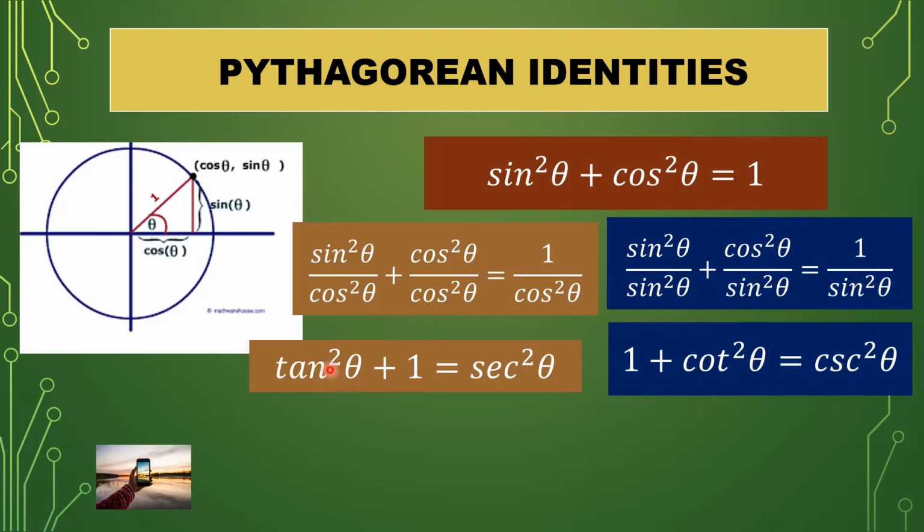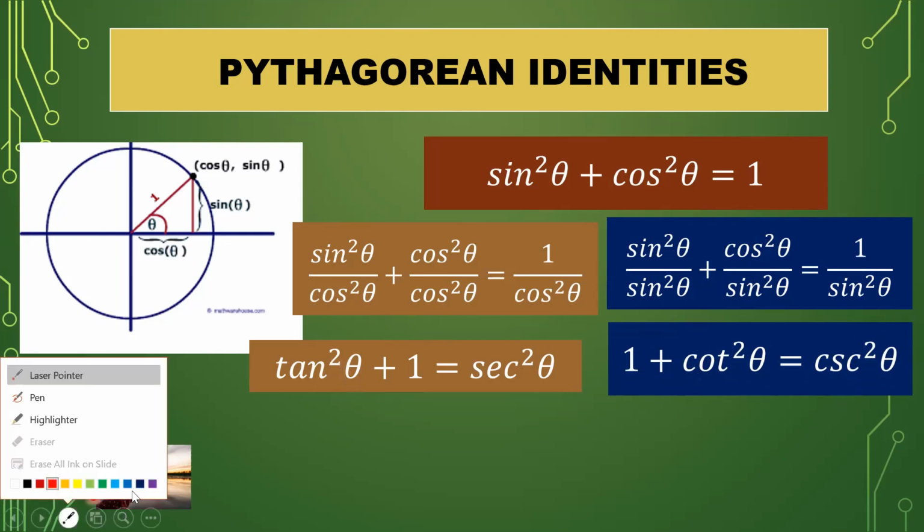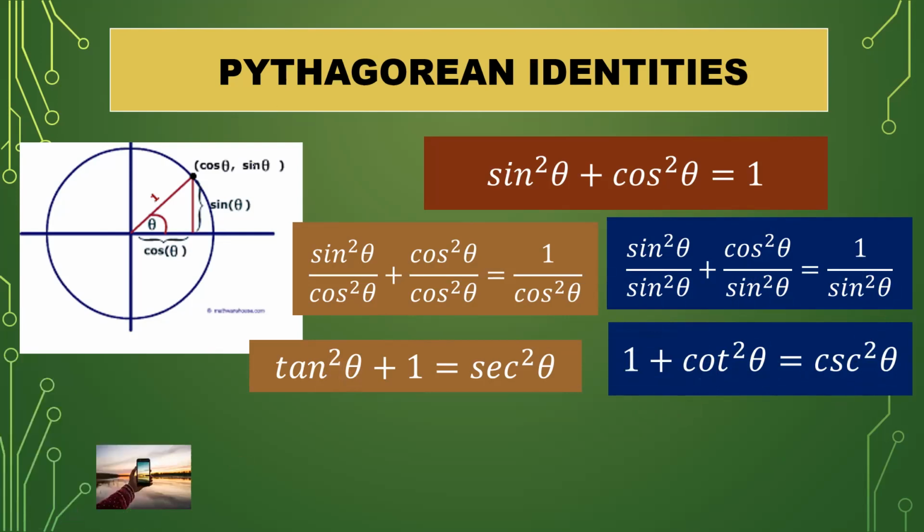Notice that if we are writing a positive integer exponent, like the 2 here, this is actually equivalent to, let's get a pen. Maybe we are confused, and we think that tangent squared theta is different from this expression. That is similar to this one.